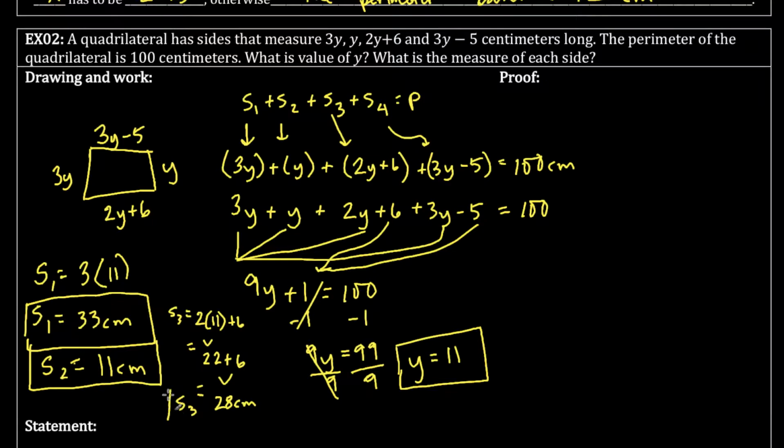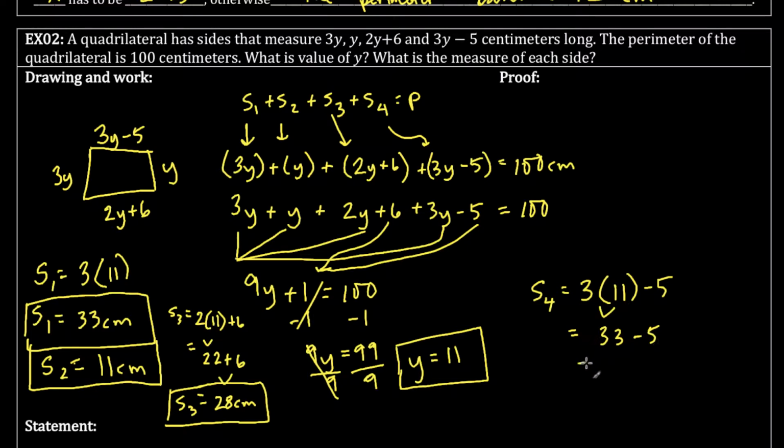That is side 3. And side 4 is 3y minus 5. So 3 times y, which is 11, minus 5. 3 times 11 is 33. 33 minus 5 is 28 centimeters.